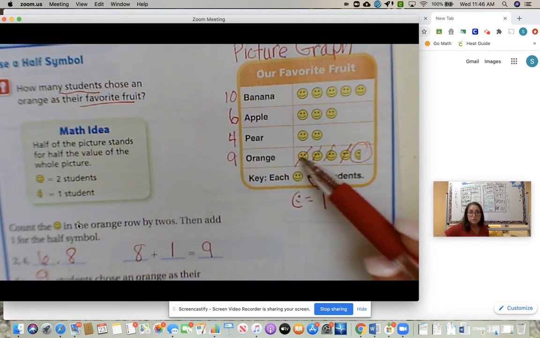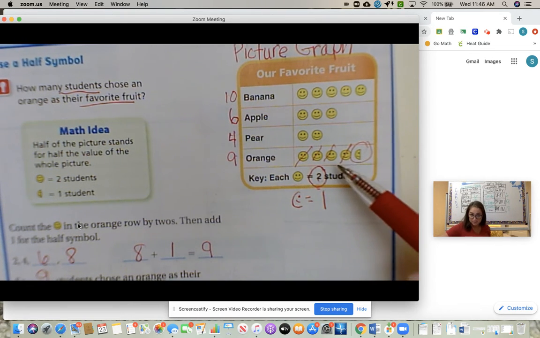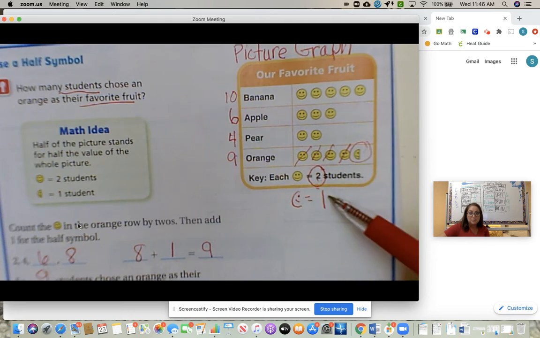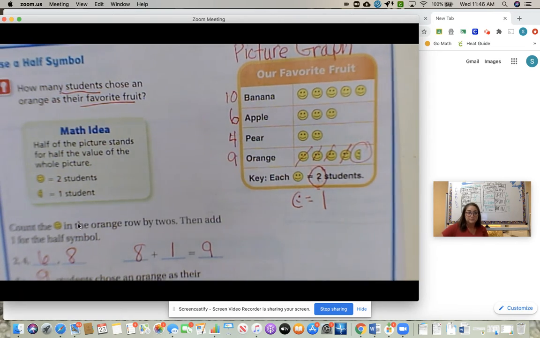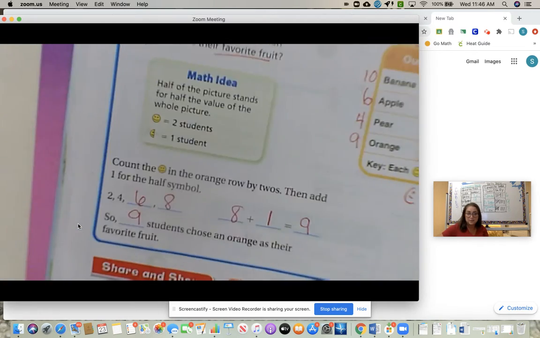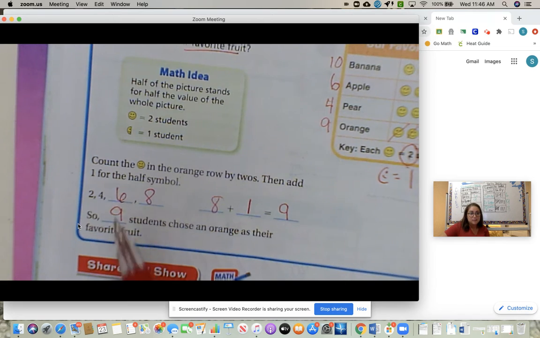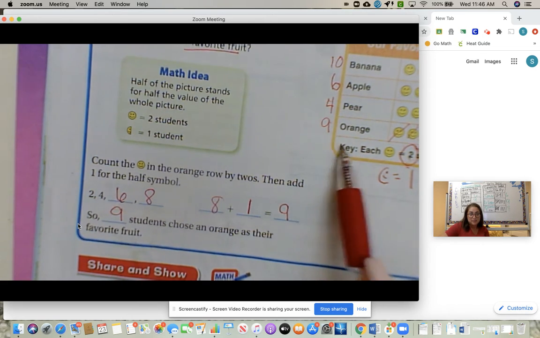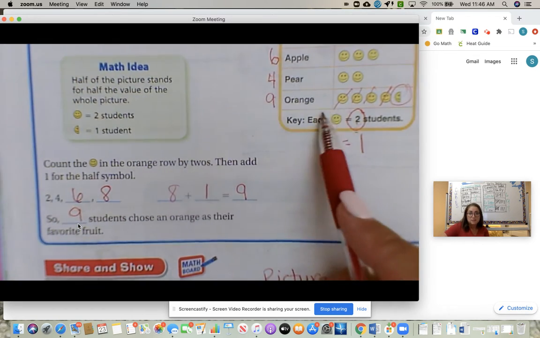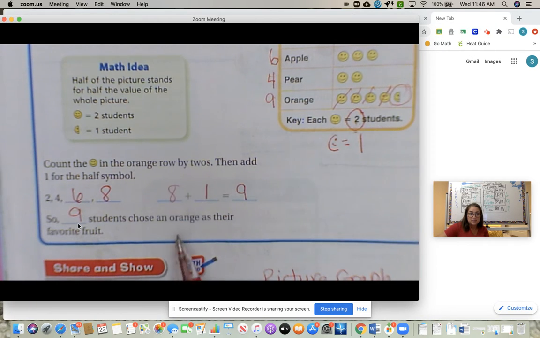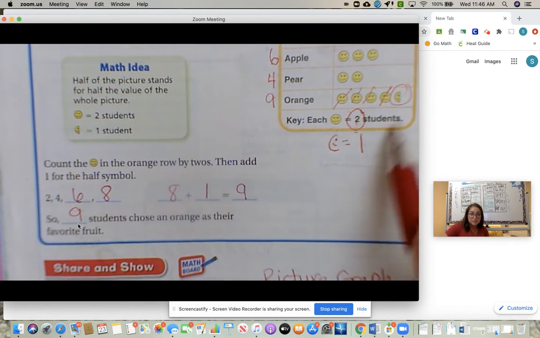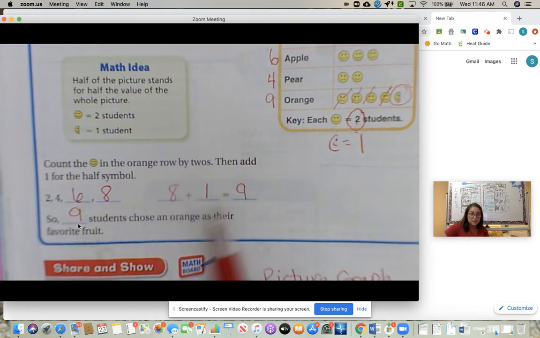So 2, 4, 6, 8, half a smiley plus 1 is 9. That's what it's doing down here. So 2, 4, 6, 8. So 8 plus 1, there's that 1, equals 9. So there are 9 students that chose orange.